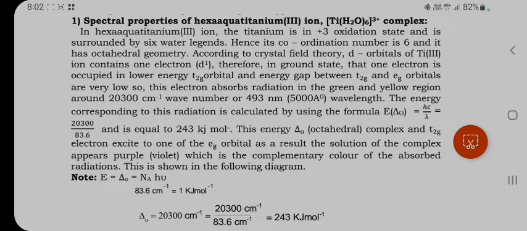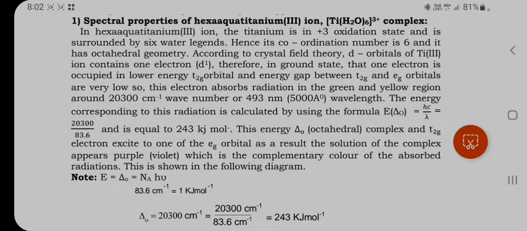So when the d1 electron present in the titanium ion absorbs an energy of 493 nanometers, the electron will be excited into the higher energy eg orbital.